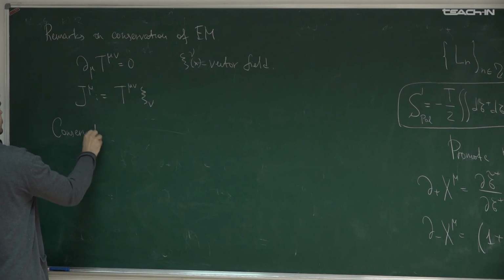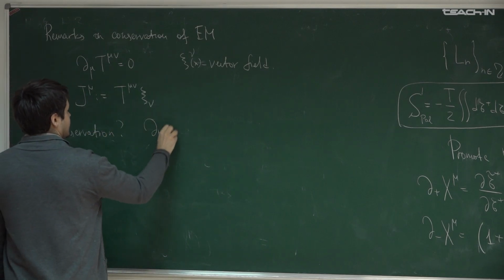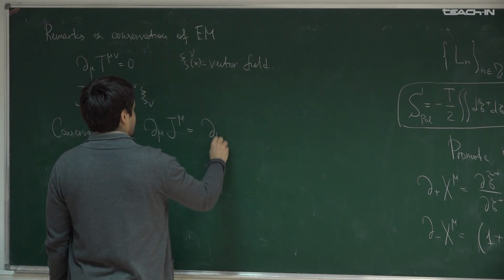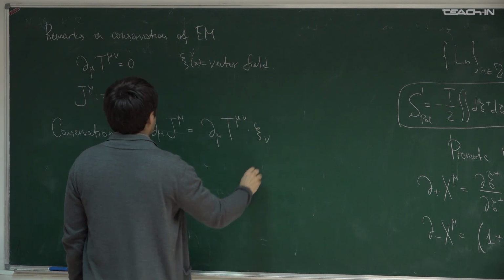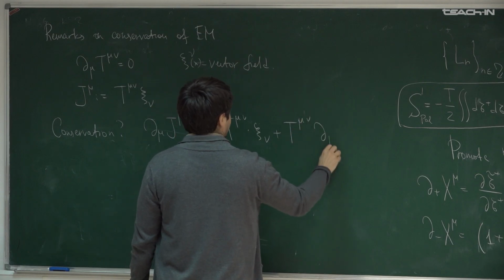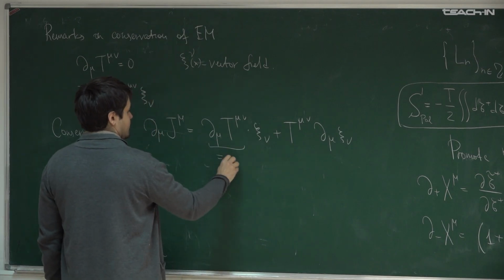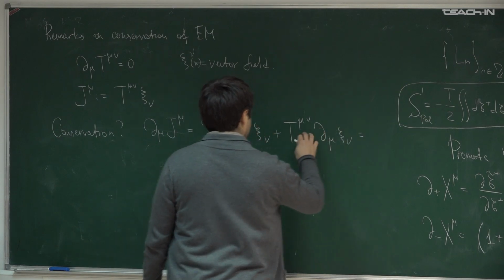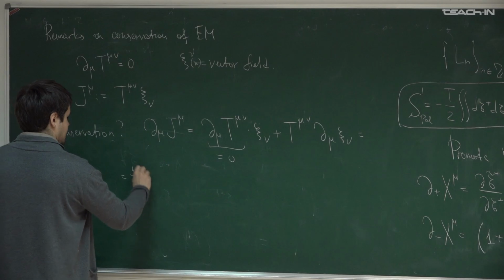So is this conserved, or what's the requirement? We study the divergence of this: there is a term plus T mu nu d mu of psi nu. This is 0 by conservation of the energy momentum tensor, and because the energy momentum tensor is symmetric, we can rewrite this as 1/2.